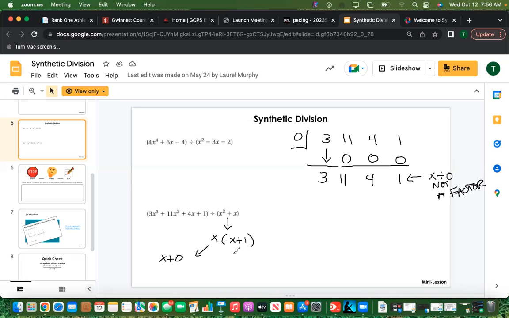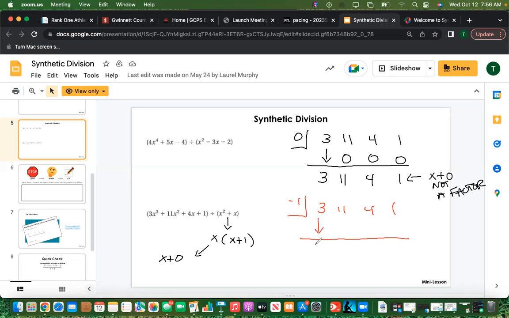Now, if I wanted to check and see if x plus 1 is a factor, I could do that by changing the sign, listing out my coefficients, and then dividing by that.